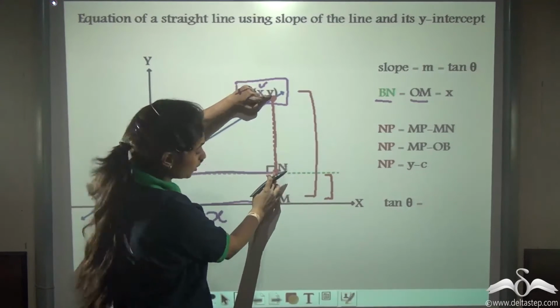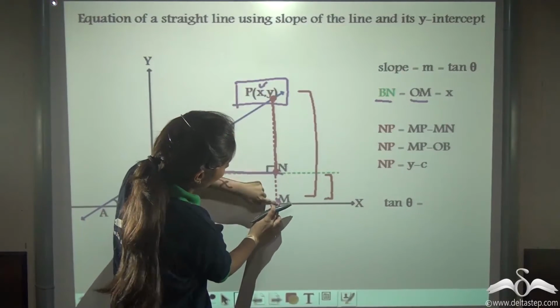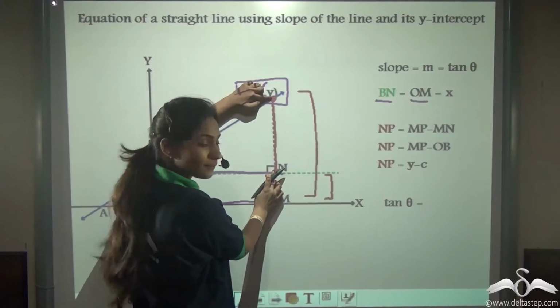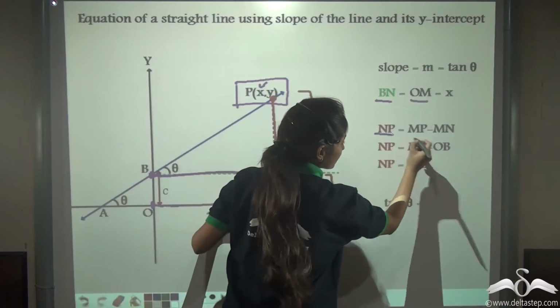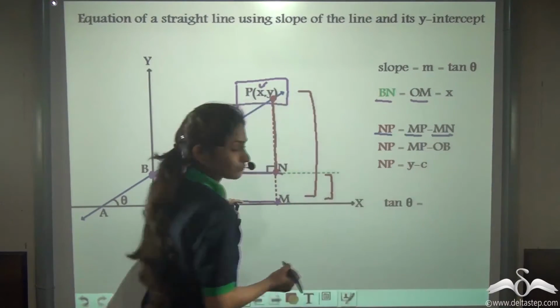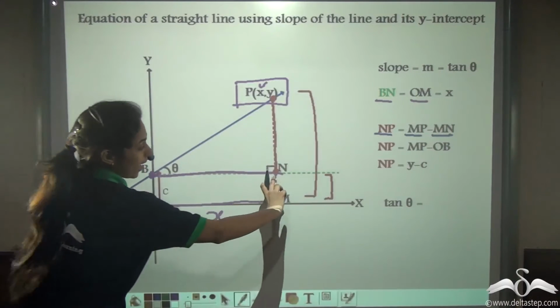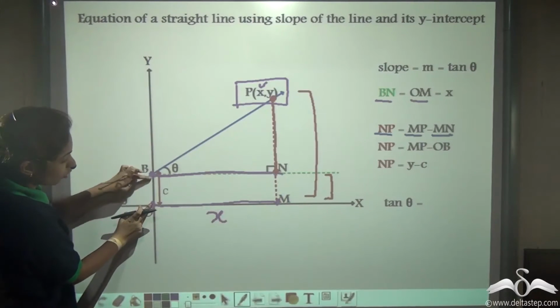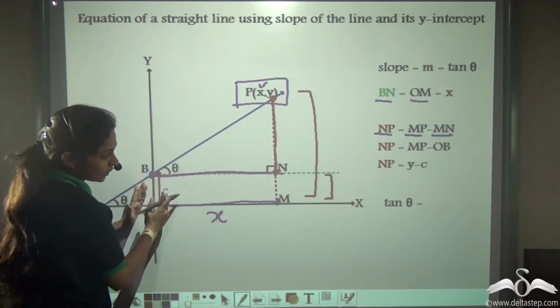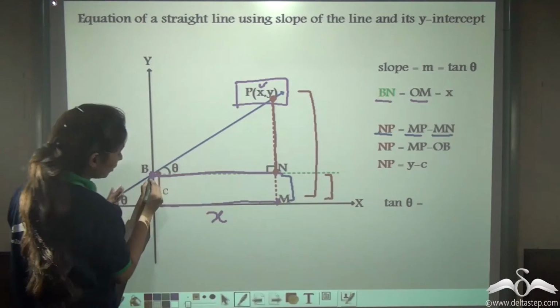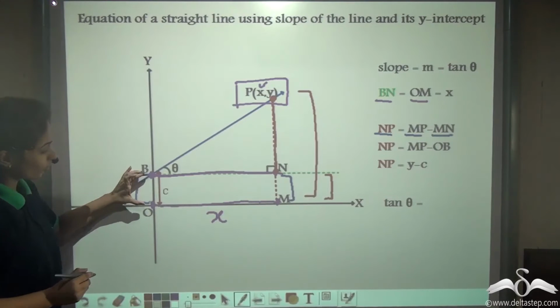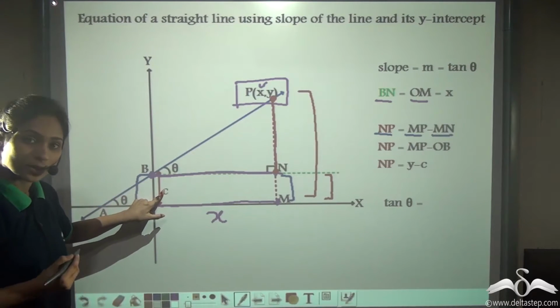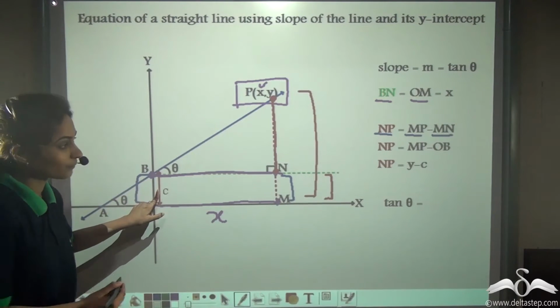NP is equal to MP minus MN. So we have written NP is equal to MP minus MN, right? Now MN is actually equal to what? This OB. You can see that visually, that MN is equal to OB, and OB actually represents what? The y-intercept, which is C.